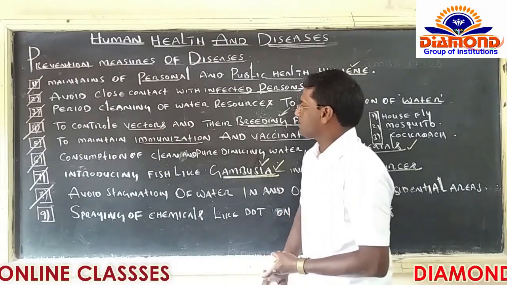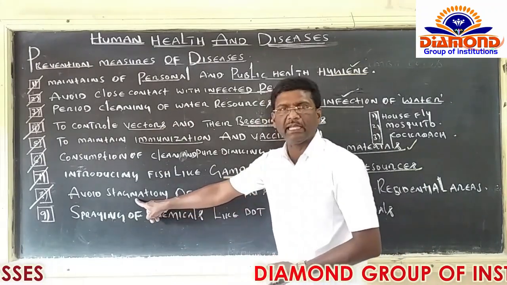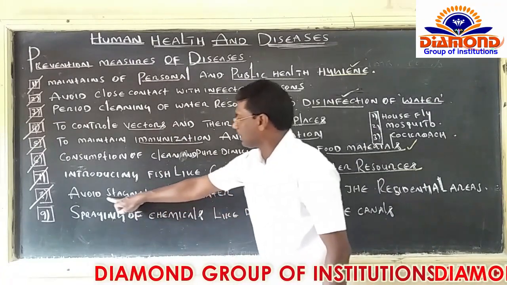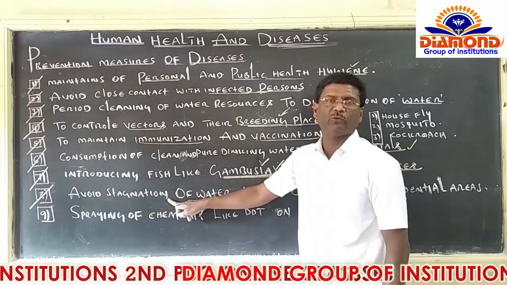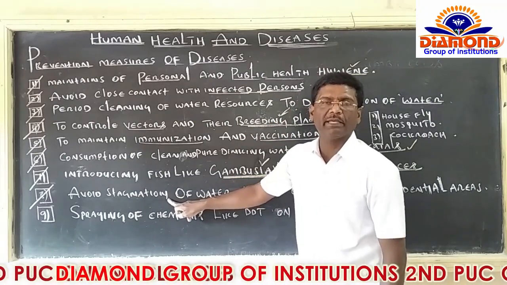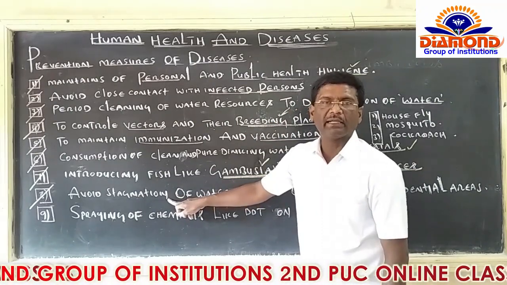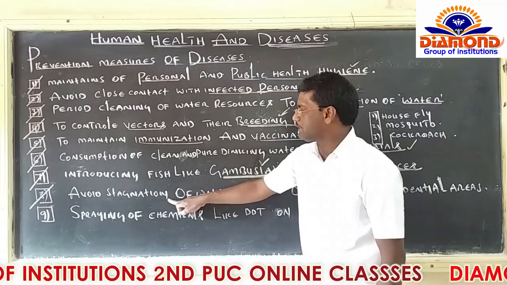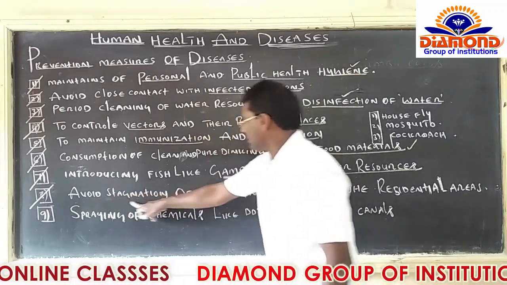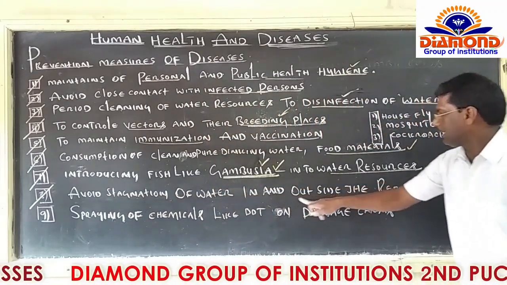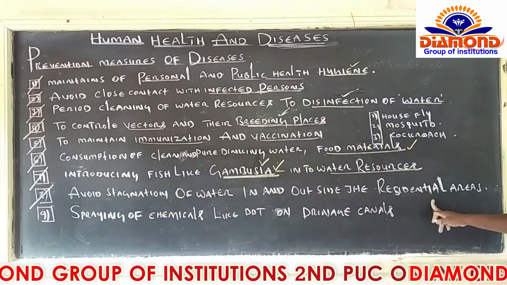If the water stagnates, staying in one particular area, it decomposes, and bacteria and viruses form there. Then there is a 100% chance we may get a disease. So to avoid disease from stagnation of water, we have to avoid stagnation of water inside and outside the residential areas.